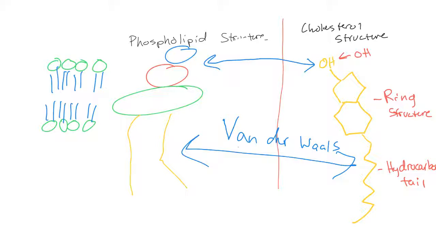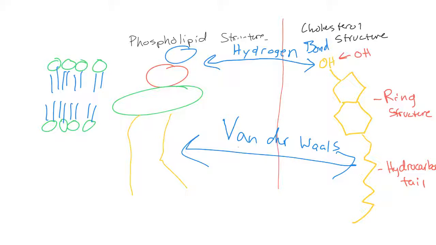So what force or bond might it form with the hydrophilic end? A hydrogen bond, good. Either with that or with water, which is going to be on the outside of the cell.